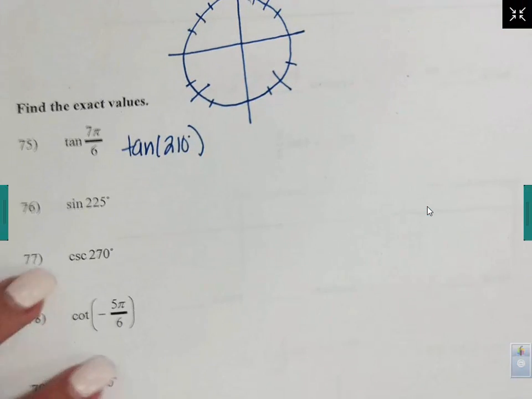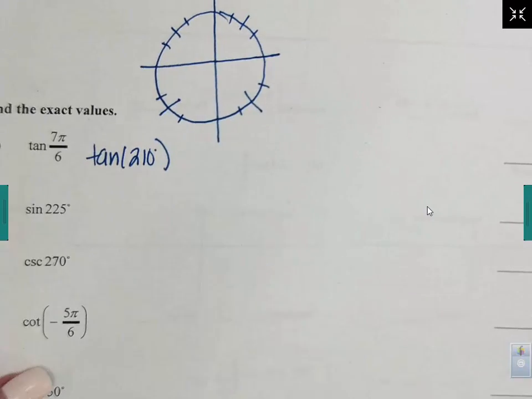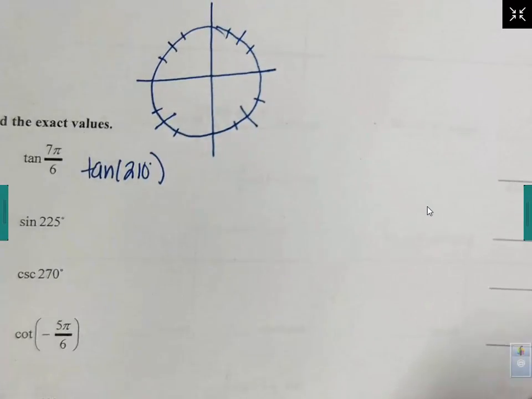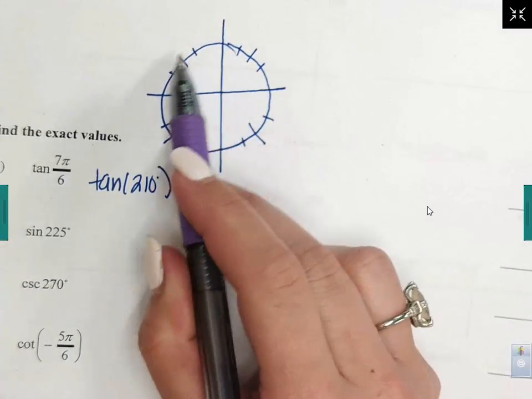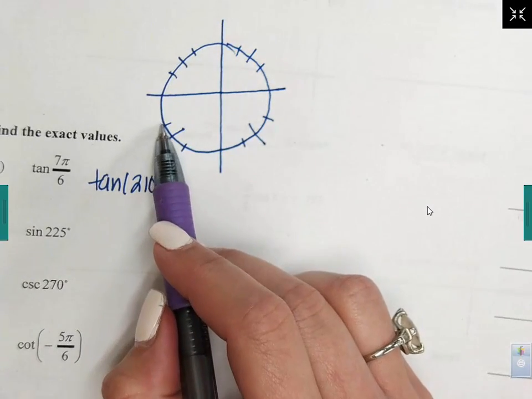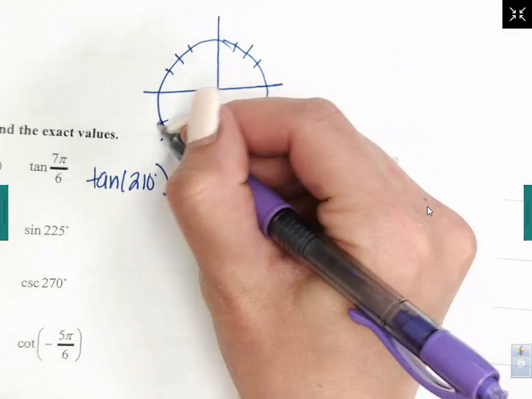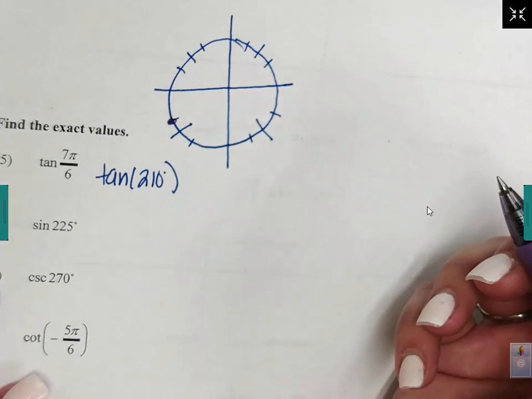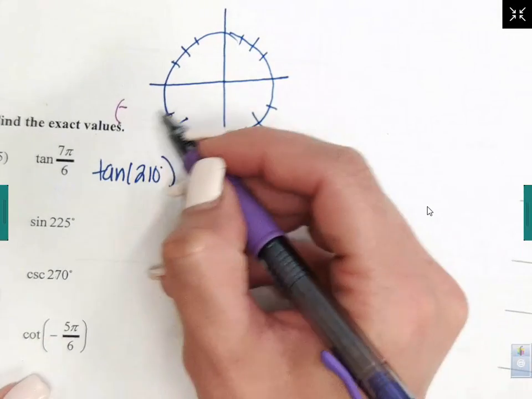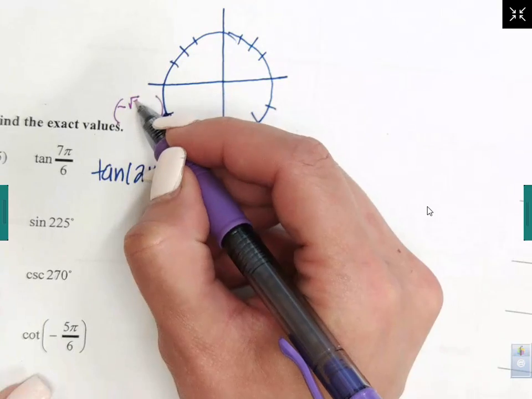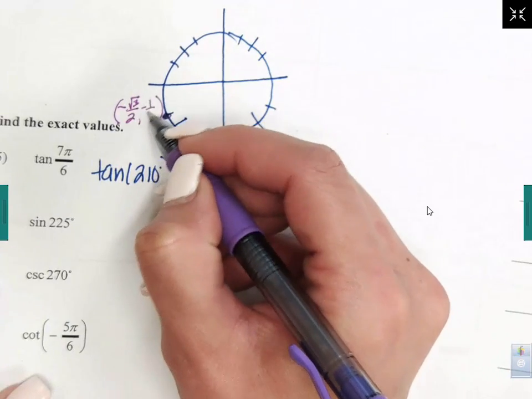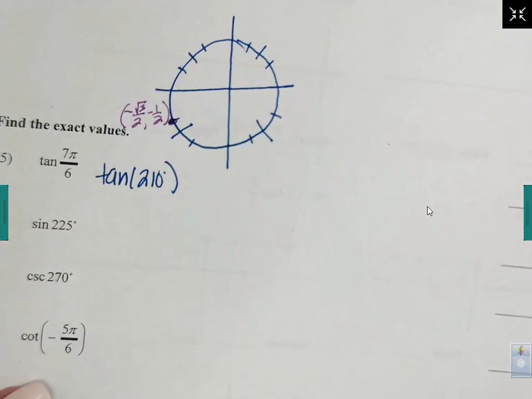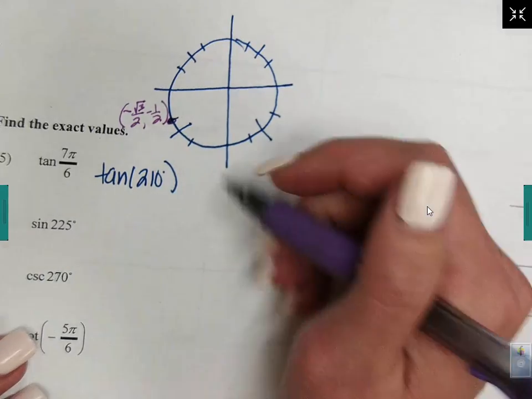Okay, so at 210 degrees, Alexia, can you tell me where that is? That's 90, that's 180, right here. And do you remember what the coordinates are at 210? Negative square root of 3 over 2 and negative 1/2. Perfect. The tangent of 210 degrees is sine over cosine.